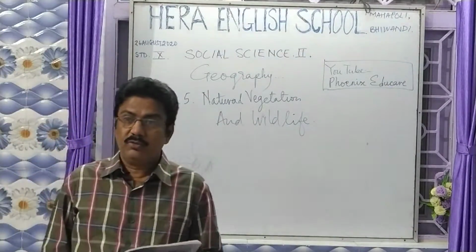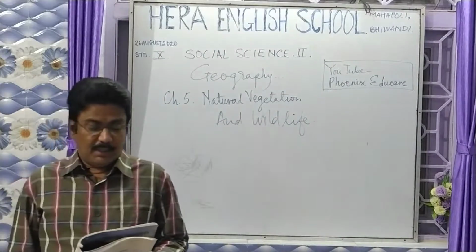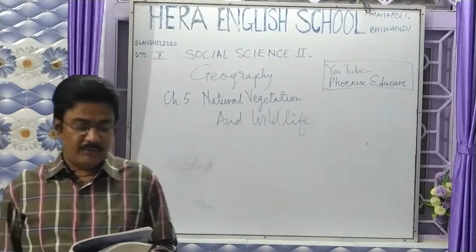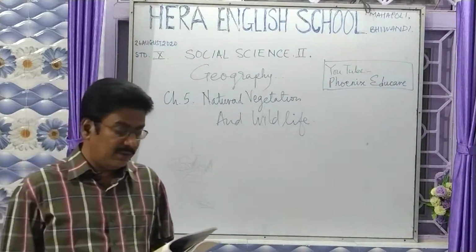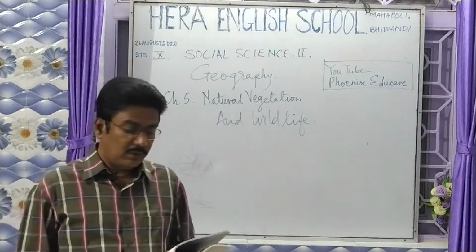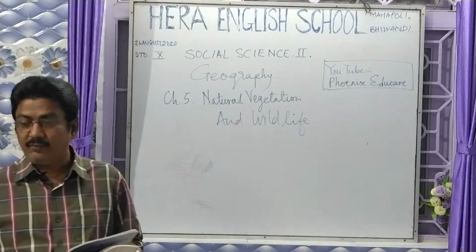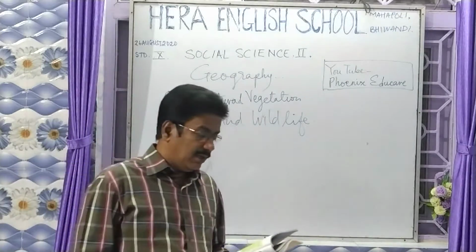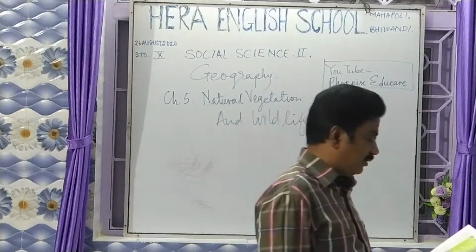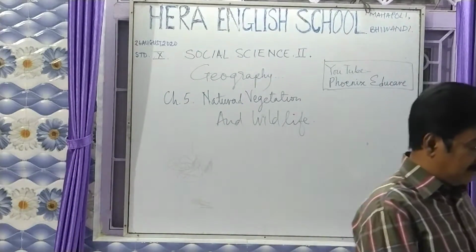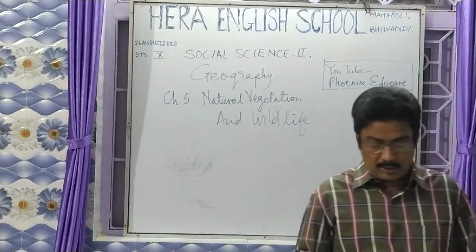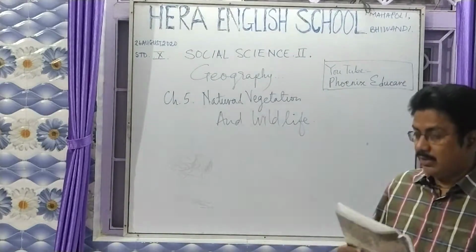At the highest altitude, seasonal flowering trees are found; at medium altitude, coniferous trees like pine, deodar and fir are found at the foothills. Mixed forests are found in such cases. So that was the whole of India's natural vegetation.